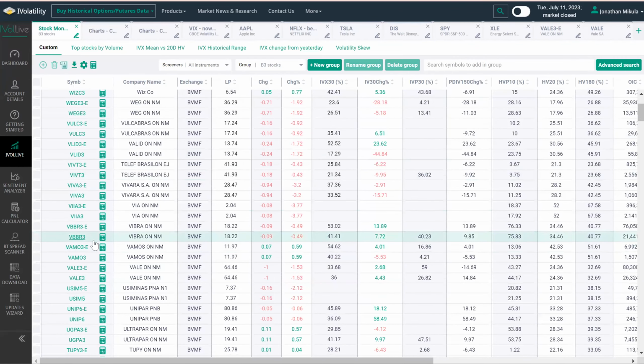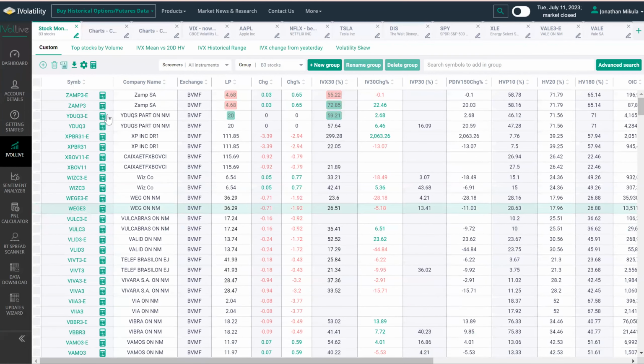So the name that caught my attention today that we'll use to demonstrate is called Vale, V-A-L-E. So you'll see in Brazil, they have different nomenclature for how they name their names. So if you happen to be a trader and you love trading on the Brazilian market, we now have that available. One of the names I've traded in the past that's located in Brazil is Vale.